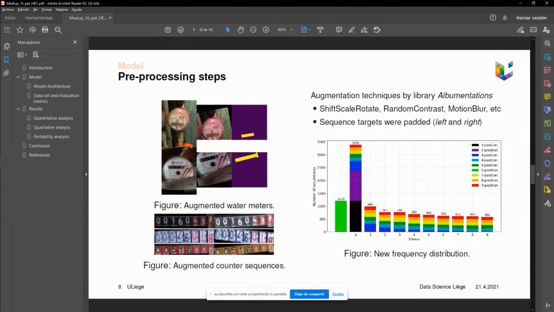Given that this occurs sometimes on the right side too, we needed to also perform padding for the sequence targets on the left and on the right. So basically, this gives us an infrequency where you can see that all the numbers are now correctly aligned. With this, our trainings were going more smoothly.